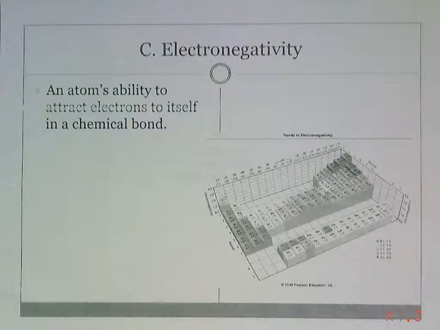So both ionization energy, electron affinity, and radii are all about an atom by itself in free space not interacting with someone else. Electronegativity is a measure of an element bonded to another element. How likely is it to pull the electrons from the bond to itself?